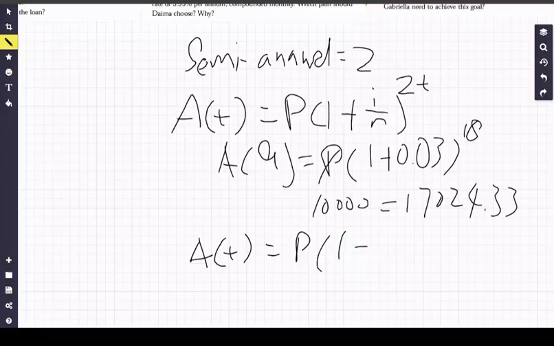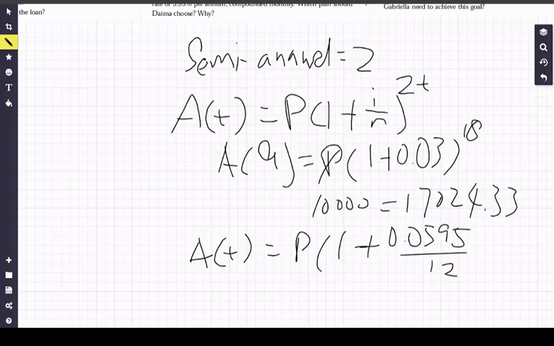Should I? Okay, I will do 1 plus 0.0595 divided by 12 to the 12t power. Okay, that is what we have. So let's go ahead and calculate that.